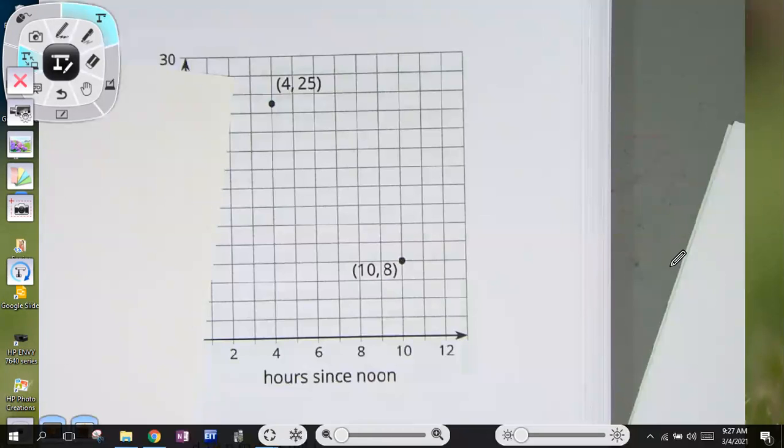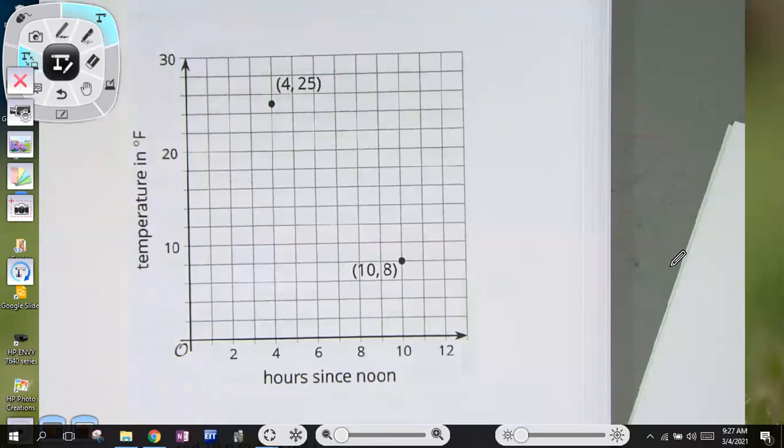Okay, so Haley and Hayden told me it was 2.83. So how did Haley and Hayden know that it changed 2.8 degrees per hour? What'd y'all do? 17 divided by 6.